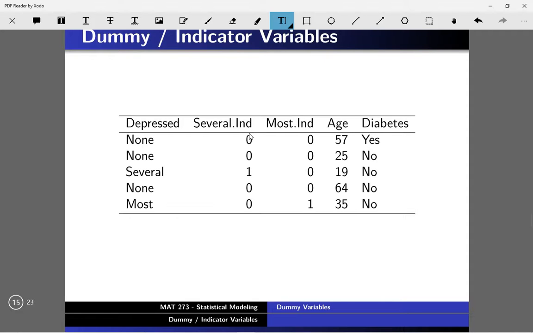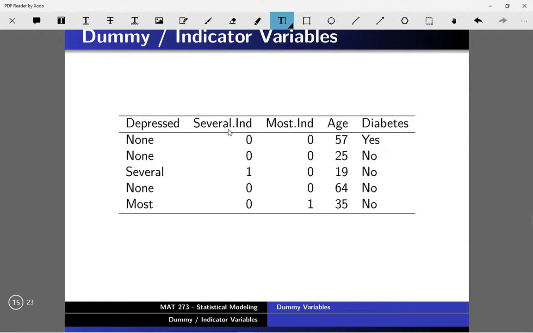If we manually coded these ourselves, here's just our 1 categorical predictor column, but it has two implied dummy columns with it. We have an indicator for feeling depressed several days each month, and then an indicator for feeling depressed most days each month. Okay.